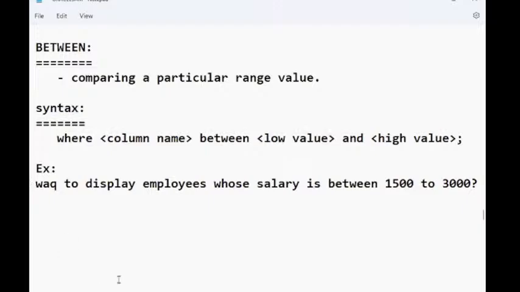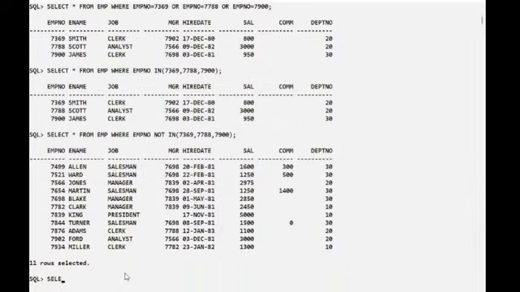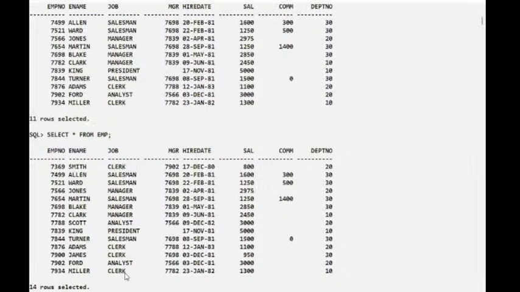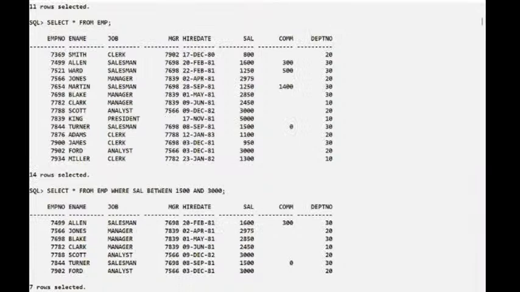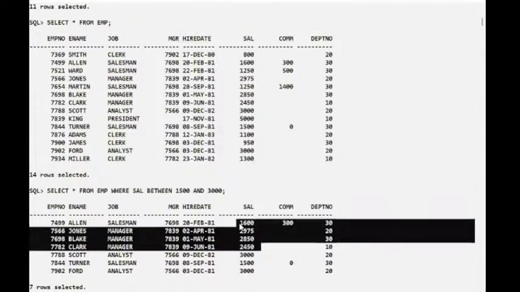Now we can see how it works. First of all, come to your working table EMP, where 1500 and 3000 salaries are there. When I use the BETWEEN operator, WHERE salary BETWEEN 1500 AND 3000, the 1500 and 3000 came, along with the in-between values. Understand?